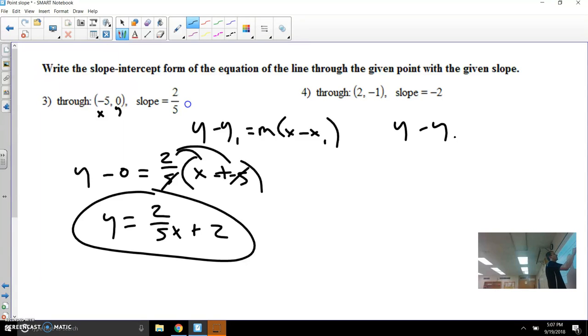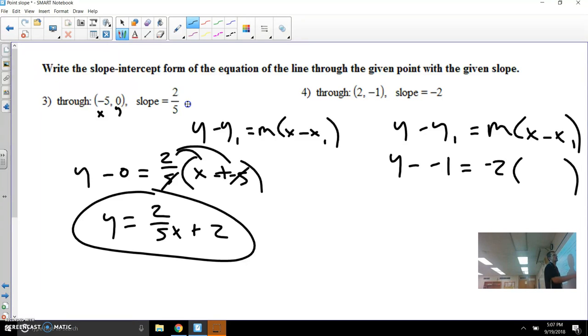Y minus y1 equals m times x minus x1, and we're plugging in the values that are given in the problem. So this is y minus negative 1. Slope is negative 2, and it's x minus 2. This is your x1 and your y1. On the left, I see minus and minus, which we can change to plus.